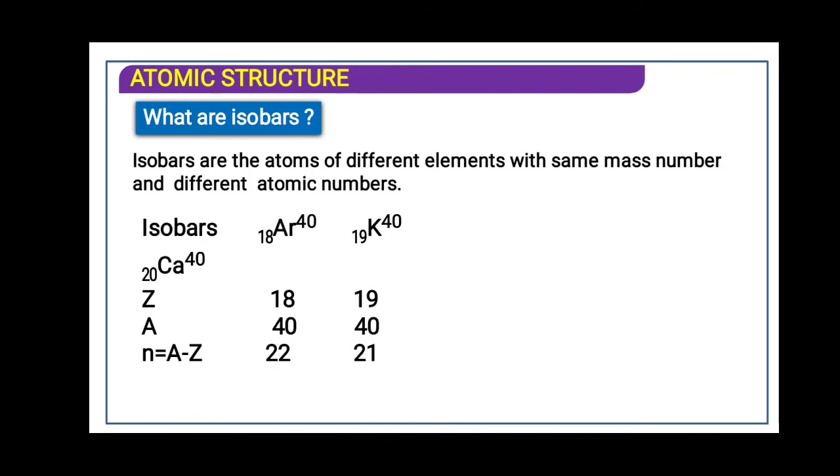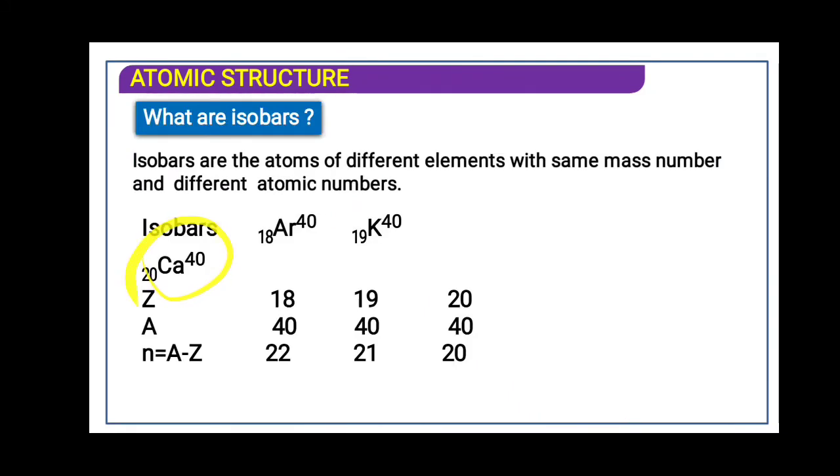We have atomic numbers 18, 19, 20. By mistake it is written below. Try to understand that calcium is over here.